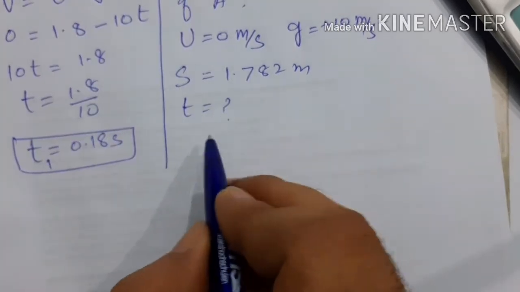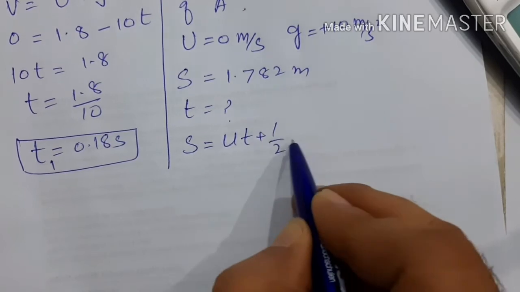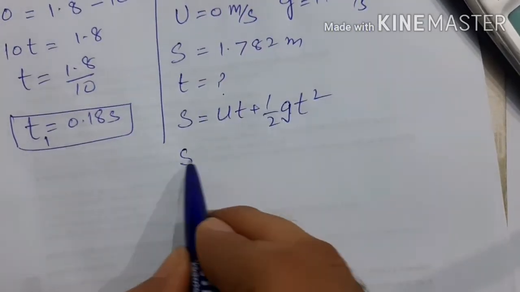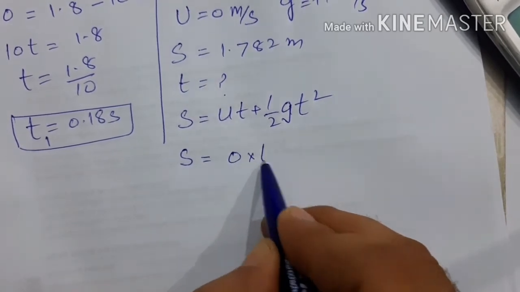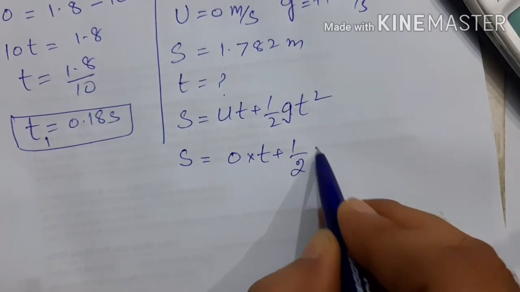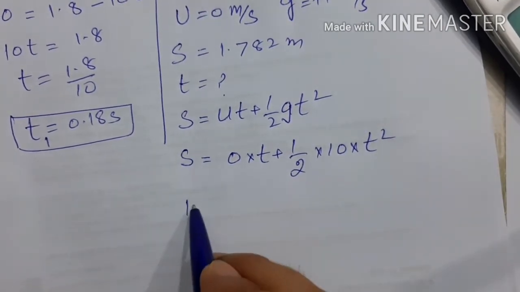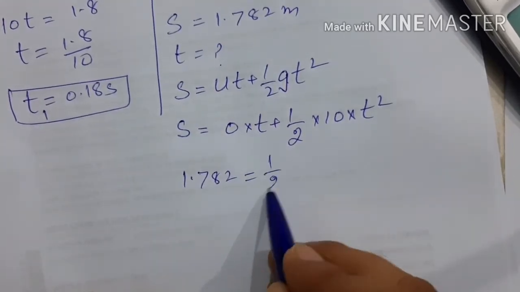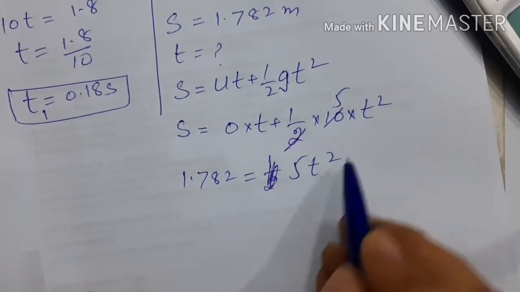So I'll use the second equation of motion, s is equal to ut plus 1 by 2 gt square. So s is equal to 0 into t plus 1 by 2 into 10 into t square. So 1.782 is equal to 1 by 2, this will become 5 actually, so 5t square.